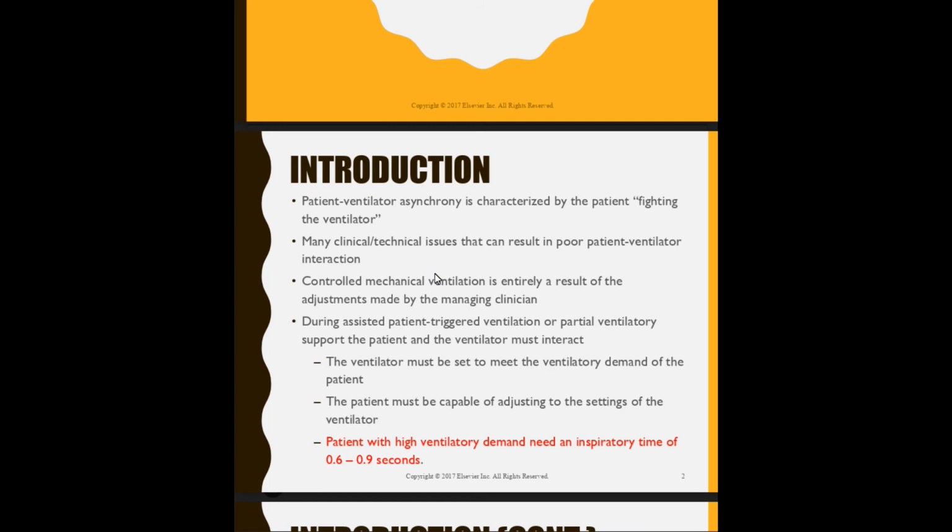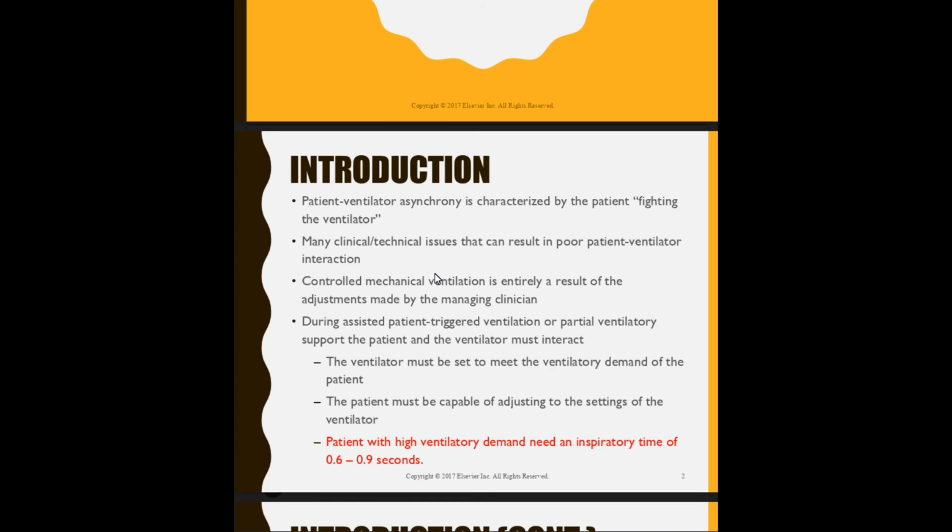Well, anyway, when we do have a patient-ventilator asynchrony happening, sometimes you hear people talk about the patient fighting the vent or bucking the vent, which is B-U-C-K, bucking the vent. Now, we don't use that anymore because that implies that the patient is the one that is not syncing with the ventilator.